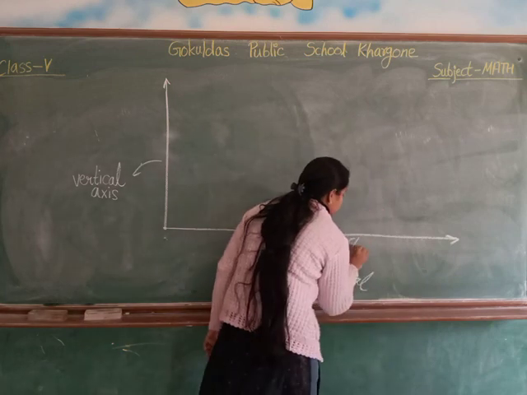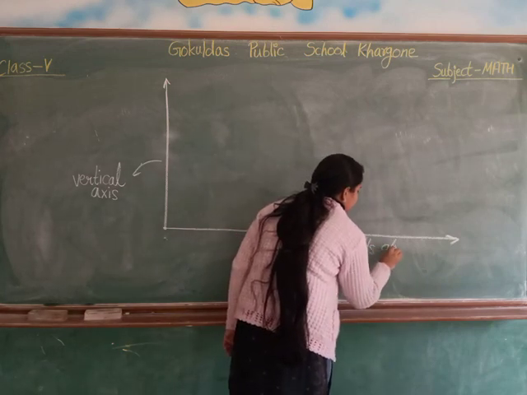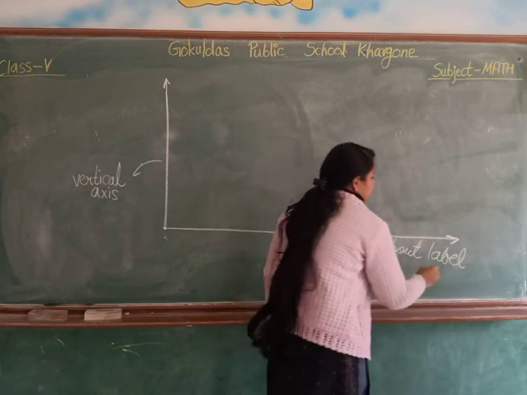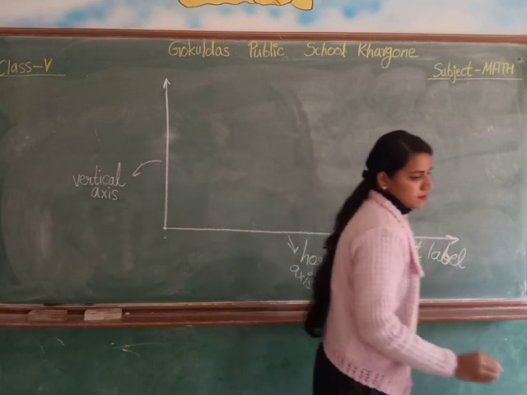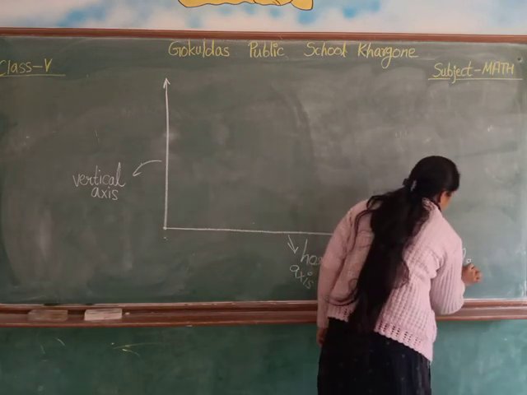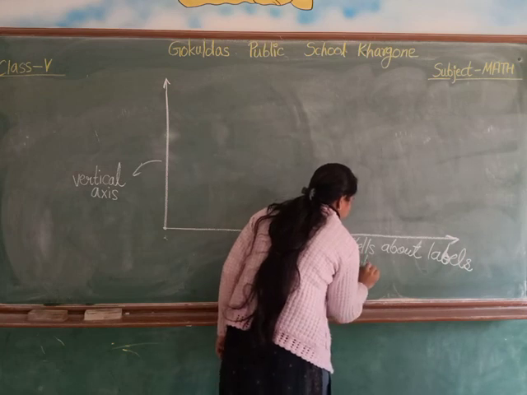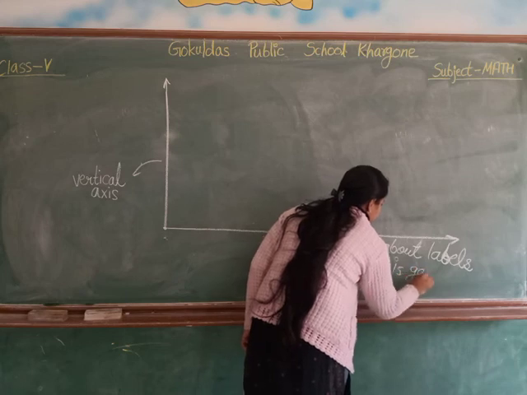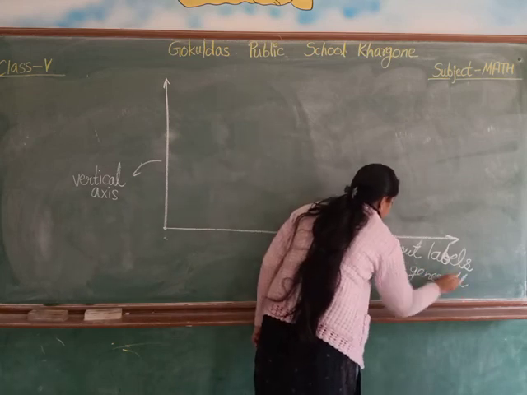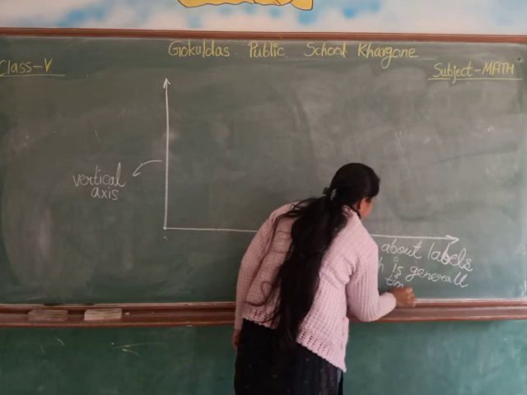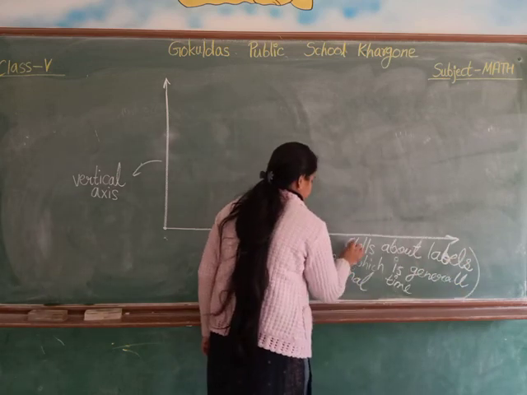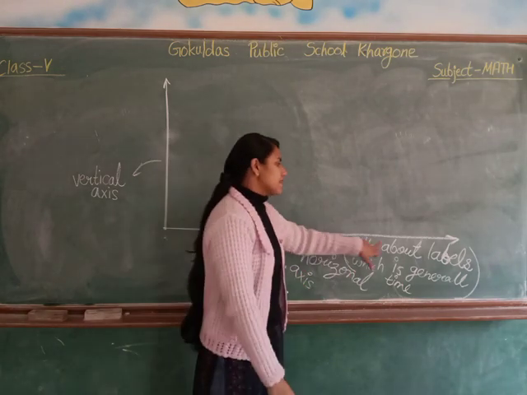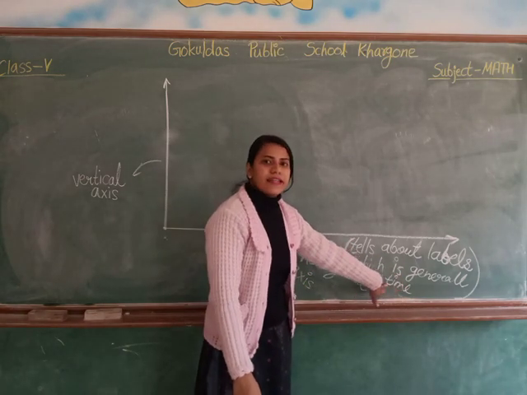The horizontal axis tells about labels, which is generally time.